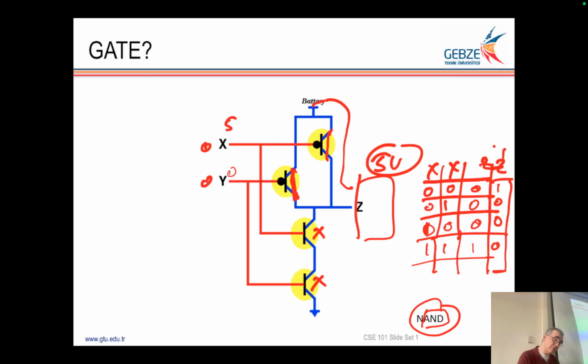So if one of them is 0, it is also 1. 1, 1, 1, 0. Okay. So, AND, NOT. Any questions?